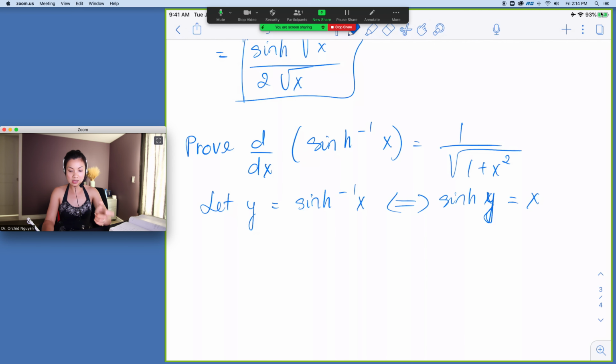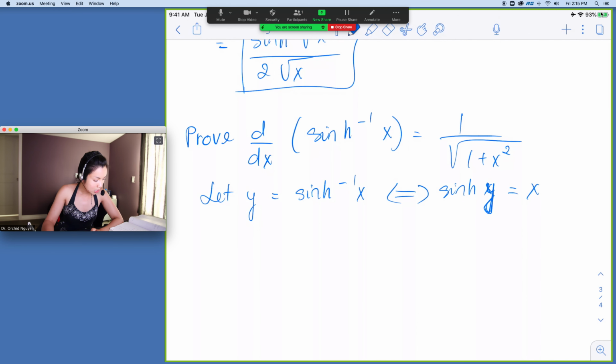This is just the identity of the inverse. All right, now I'm going to differentiate the equation implicitly with respect to x.